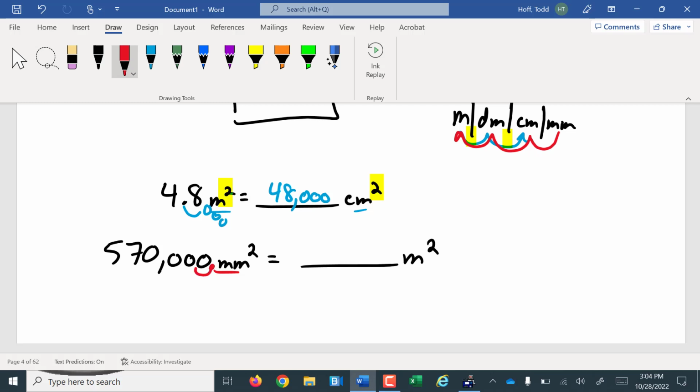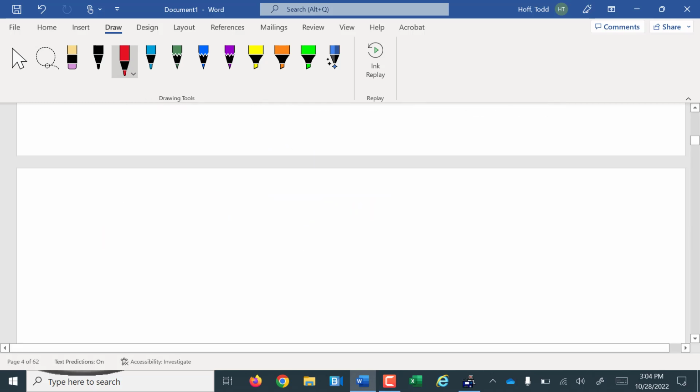We got to go 6. 1, 2, 3, 4, 5, 6. That is 0.57, just more than half of a square meter. So you're looking closer to the size of the top of this desk. Actually, a little bit smaller than the top of this desk would be that size. That's 570,000 square millimeters.